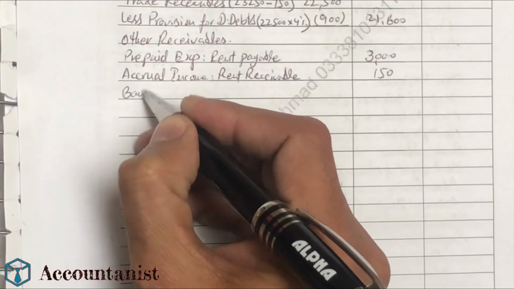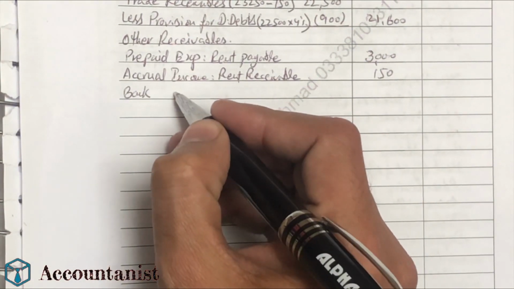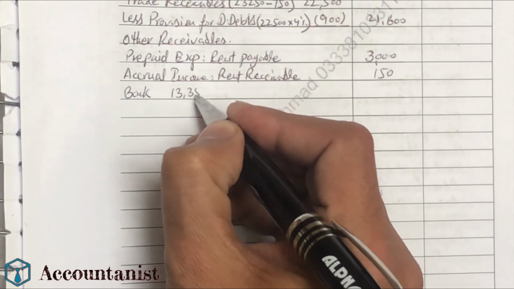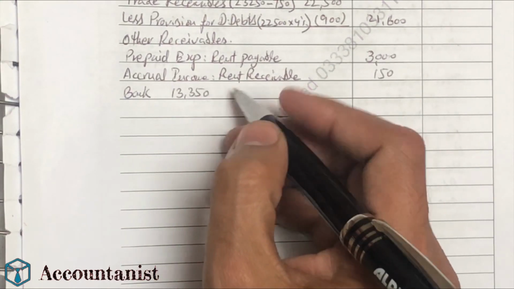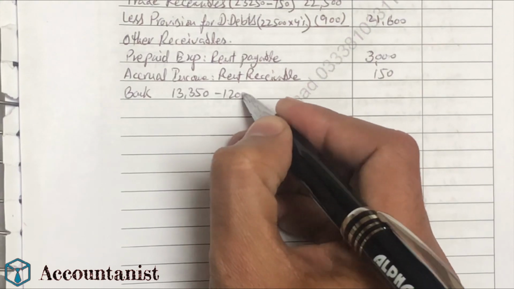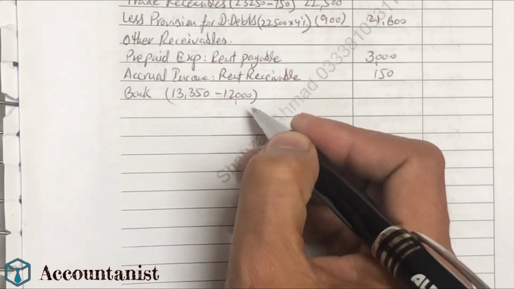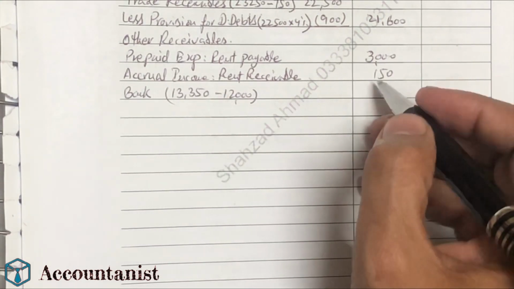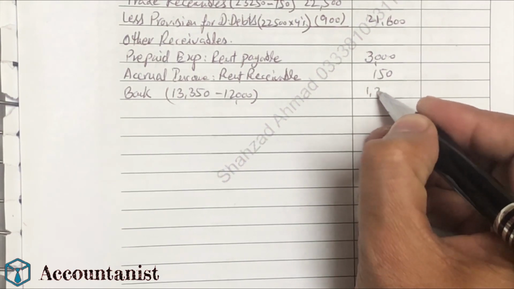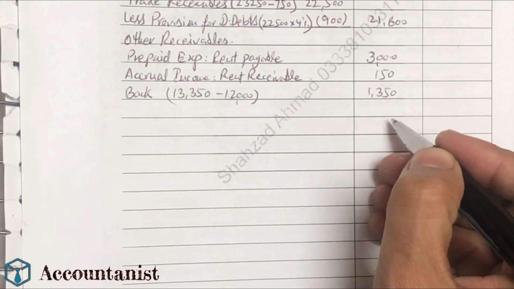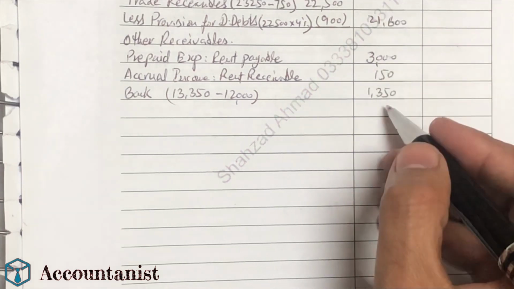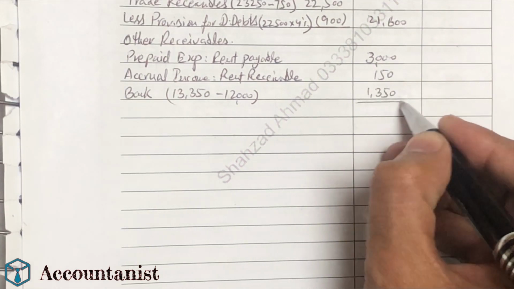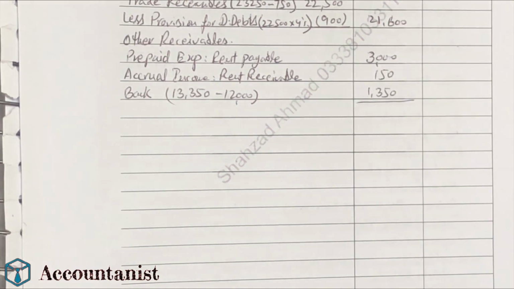Let me show you the bank. It was 13,350 earlier. So we'll deduct this 12,000 adjustment from here, and we'll end up with $1,350. So this is the current asset section. We need to total this up and transfer this total here.